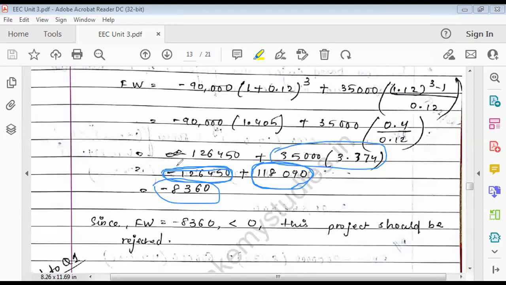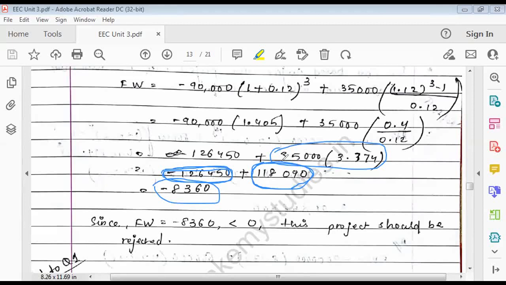1,26,450. That is your investment's present value. Sorry, future value. Your investment's future value is 1,26,450, whereas the return's future value is 1,18,090.